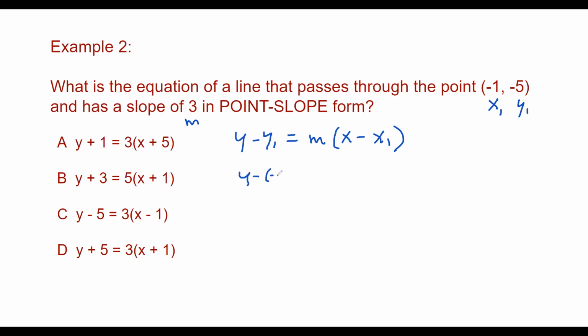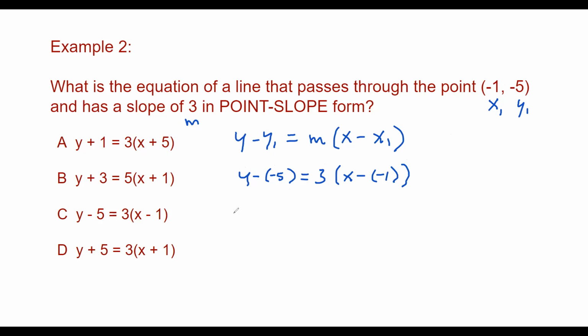Y minus -5. This is the double negative that I was warning you about. Our slope is 3. And then we have x minus, we have another negative here, so I'm going to wrap that in parentheses as well. This is the only simplification that you should have to do.